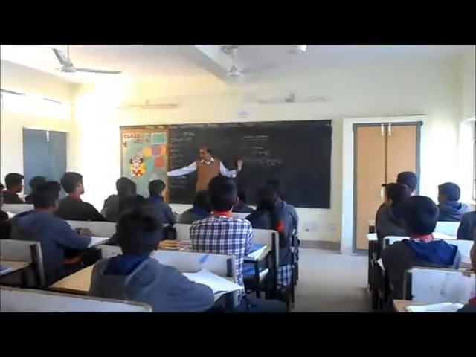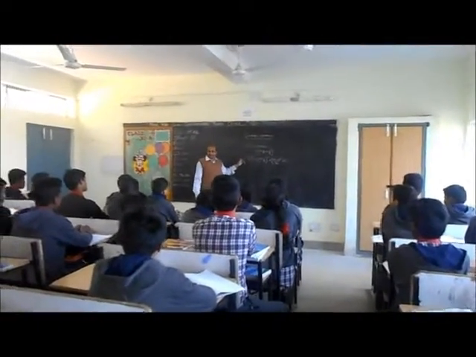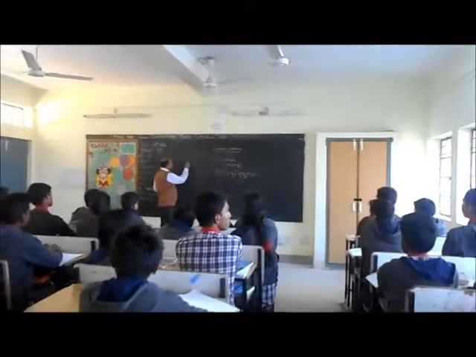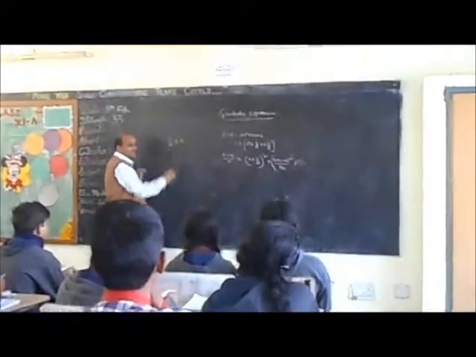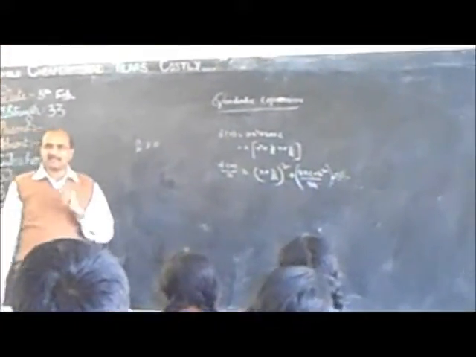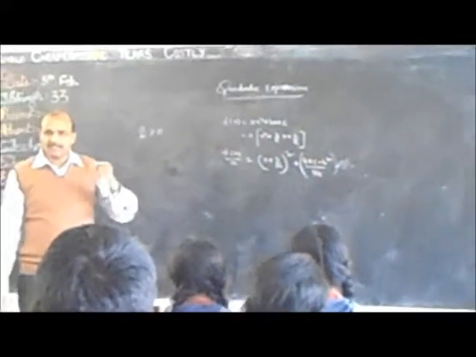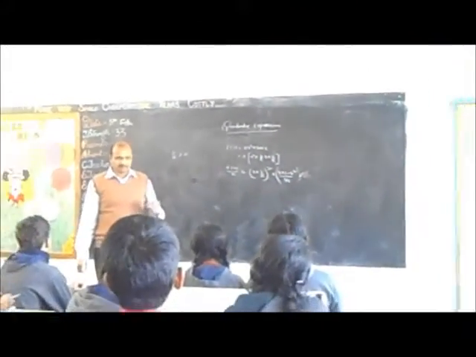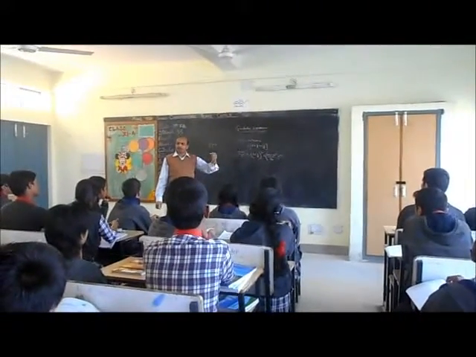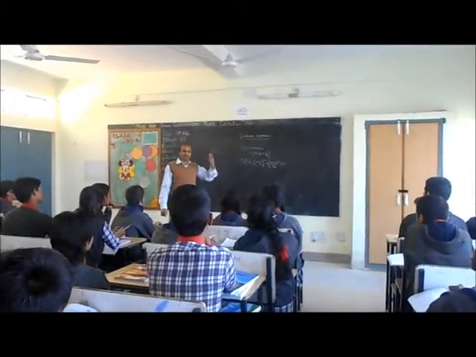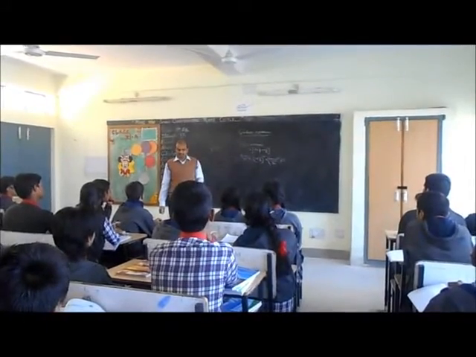Now if you observe this, suppose a by b is greater than 0. When a by b is greater than 0, both a and b have the same sign, means both are positive or both are negative, then the fraction a by b is greater than 0.